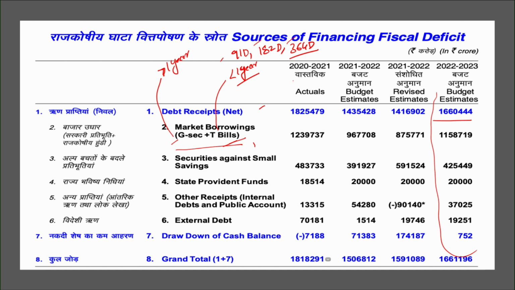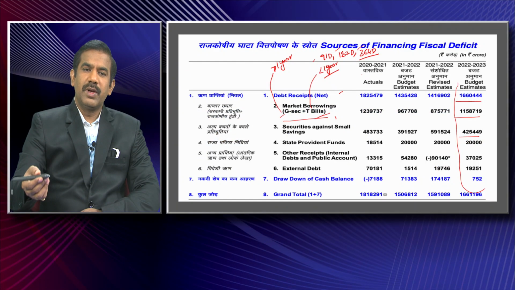So the maximum source of deficit financing, a very large proportion, happens to be market borrowings. And then securities against small savings. As I said, in India we have various saving schemes, national small savings certificates, isn't it? These savings of the public, which the government maintains as a banker, go into the public account of India, and sometimes the government would also borrow whatever money the public keeps with the government of India.